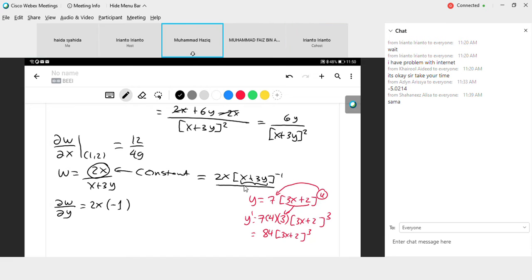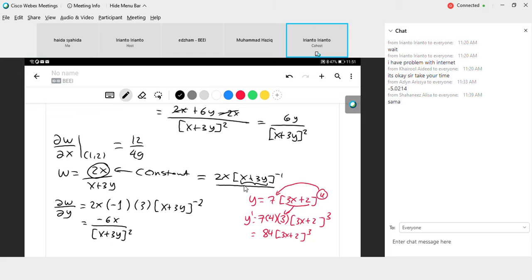Differentiate with respect to y: 3 only. And then everything, (x plus 3y) to the power of negative 2. So it will just give me negative 6x divided by (x plus 3y) squared.